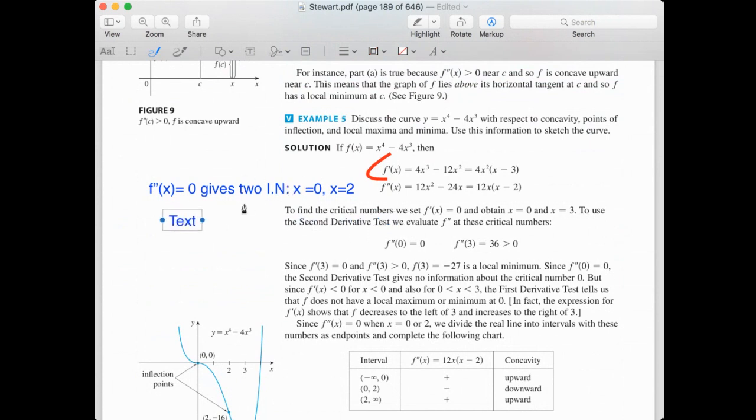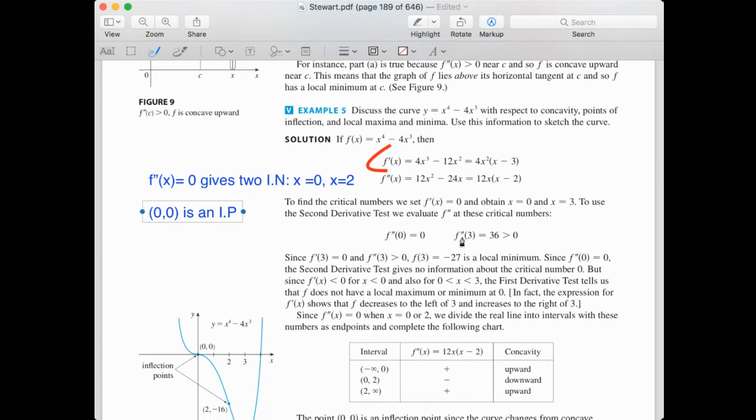We could see that here, because we solved for inflection numbers by setting f double prime equals 0, x equals 0. If x equals 0, f of 0 equals 0. So 0, 0 is the inflection point. An inflection point is neither maximum nor minimum, except in some extreme cases.